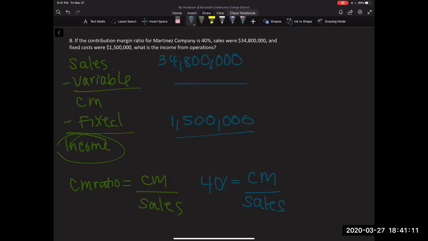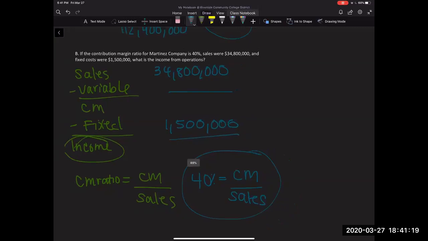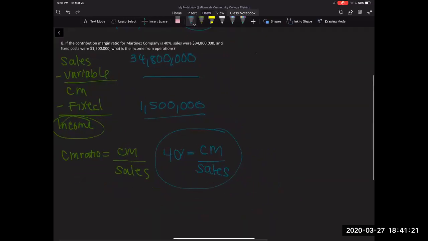What we know right here is that we can continue with this stuff down here. Let me make this a little bit smaller and see if I can plug some stuff in. We have 40%, and our contribution margin we don't know, but we do know sales, which is 34,800,000.